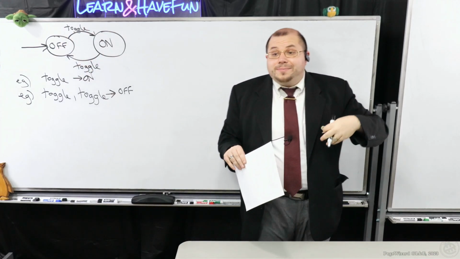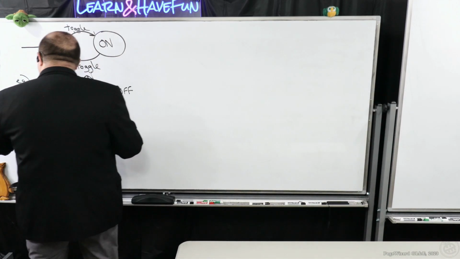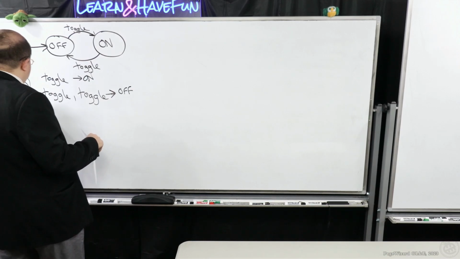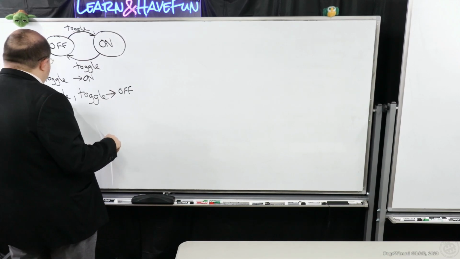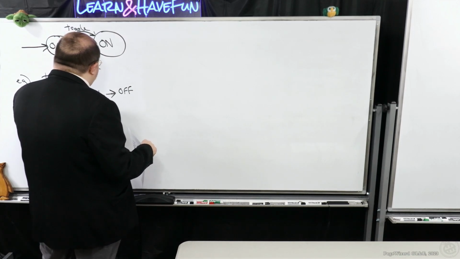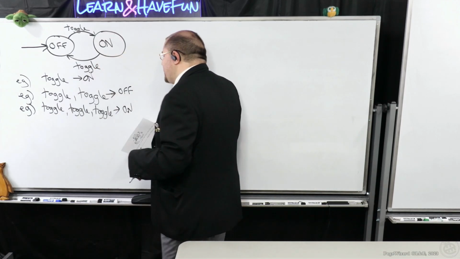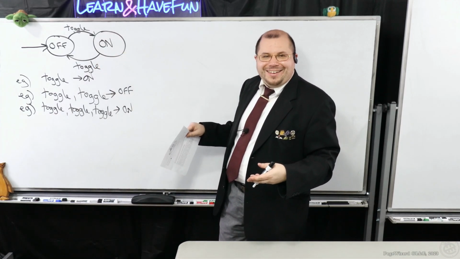So I toggle it, it turns on, toggle it, it turns off, right? But if I toggle, say, 3 times, suppose this is a sequence of actions that I do, I end up back at the on state, right?